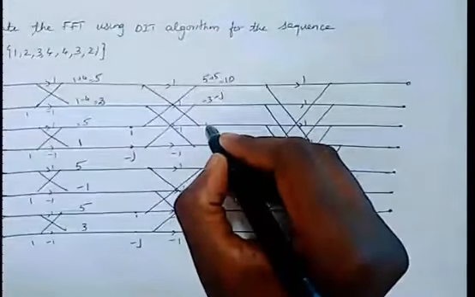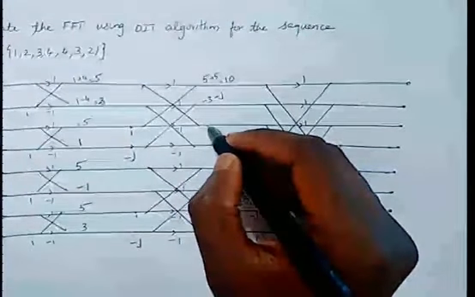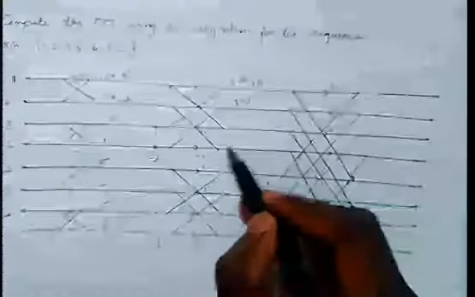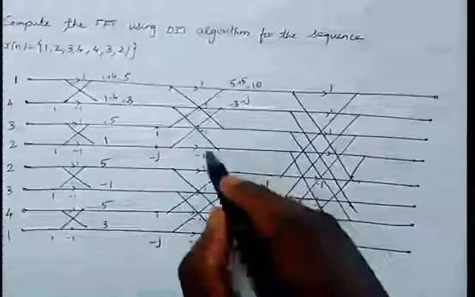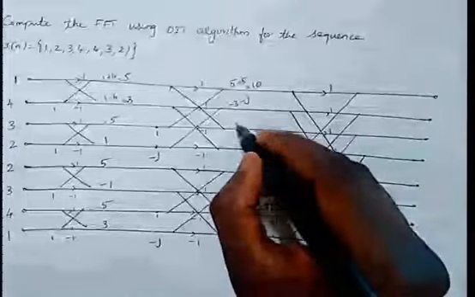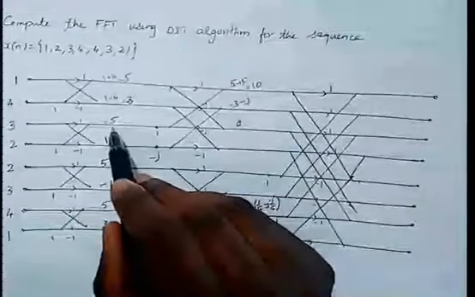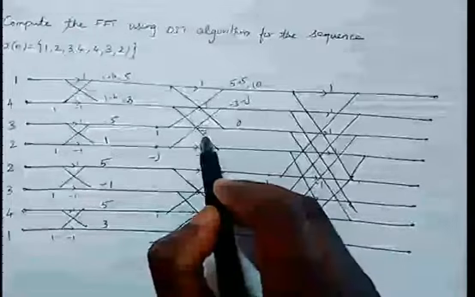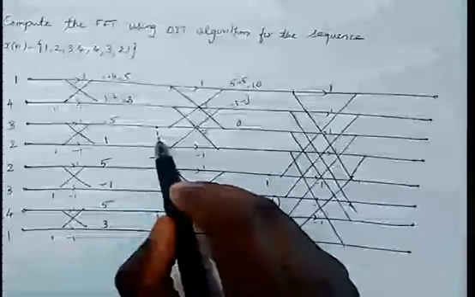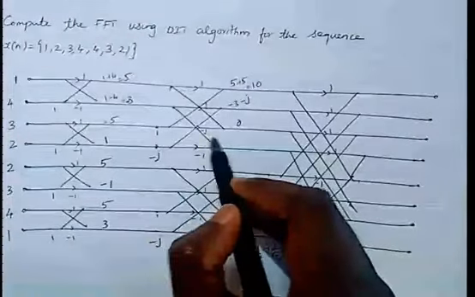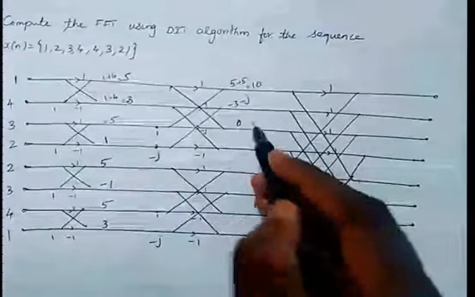And what about this? This is going to be like 5. We have 5 here, and 5 into 1, plus 5 into minus 1, so 5 minus 5 is going to be 0. Plus 5 into 1 is 5, and 5 into minus 1 is minus 5, so 5 minus 5 is going to be 0.